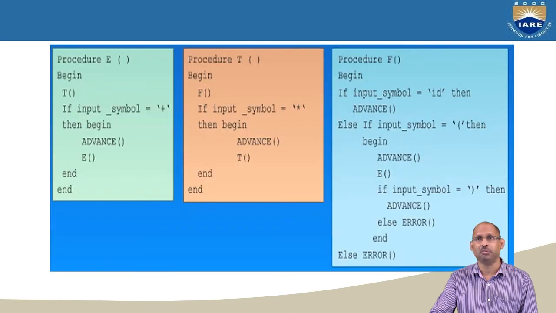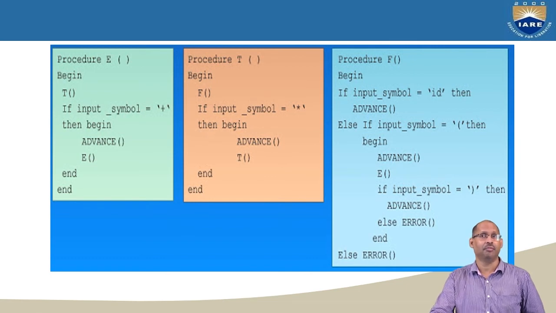Then simply procedure E, procedure T and procedure F, right? So we are combining some tasks so that we are minimizing the code. So finally we are writing with the 3 functions E, T and F.